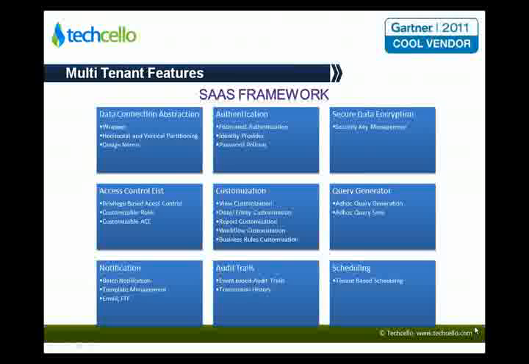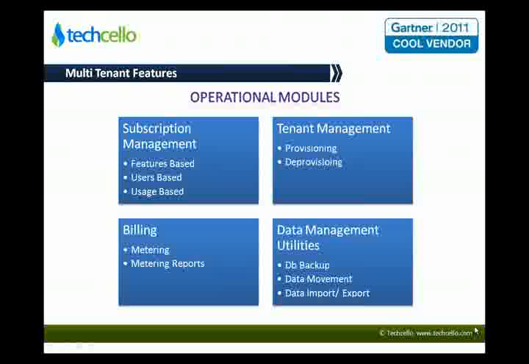You might have to schedule differently for each of the tenants' jobs. So the scheduling block is going to take the responsibility of doing that. So that's on the SaaS framework. We will get into each of these blocks in detail in the coming slides and see what considerations you should have from a multi-tenant scenario. The operation module, so there are two aspects to it.